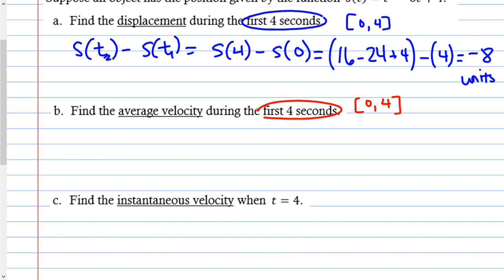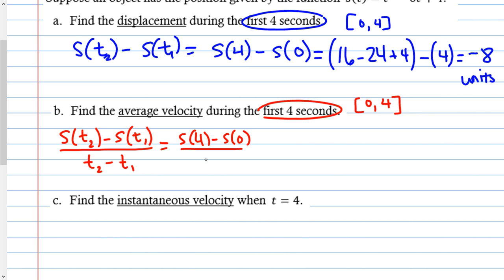But this time, I'm going to use s of t2 minus s of t1 over t2 minus t1. So this is good old-fashioned slope, right? So basically, s of 4 minus s of 0 over 4 minus 0.